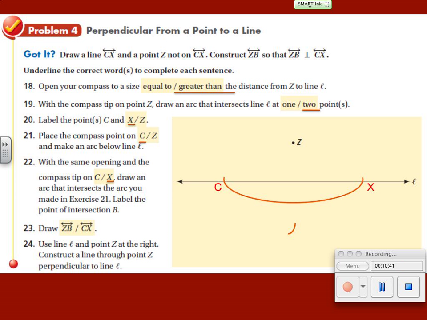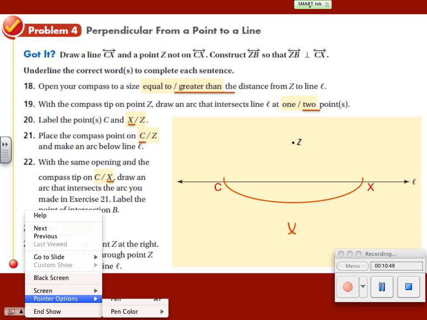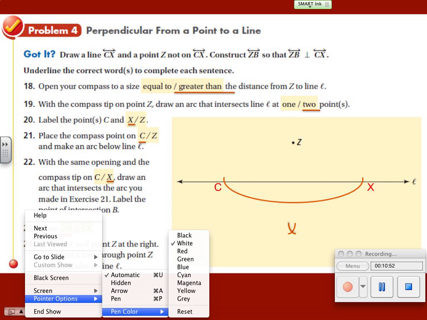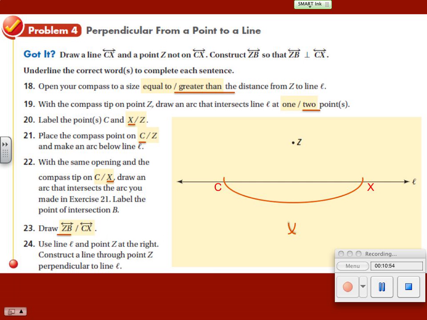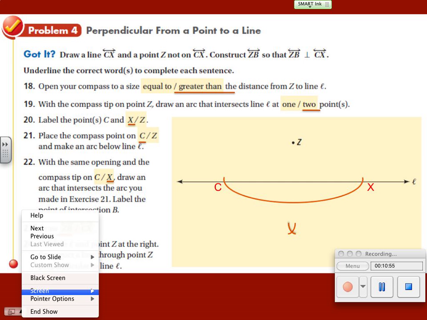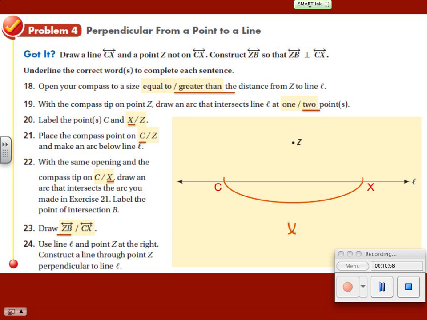And we're going to label that point of intersection B. I didn't do that in the right color, so I need to go back and correct my pen color. Let's get that set straight first, red. All right, we're good to go. We're going to label that point B. All right, it's my nice little B there.